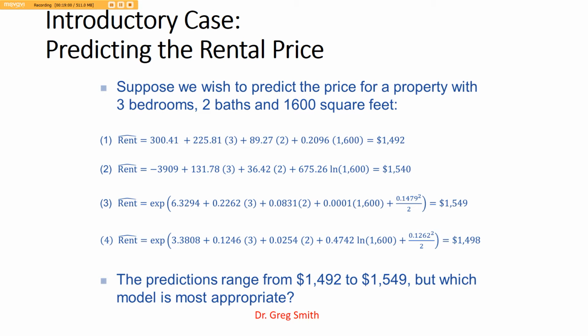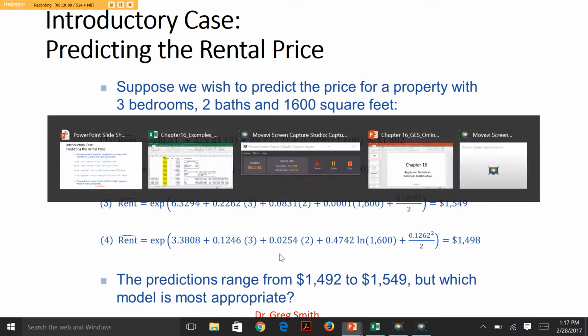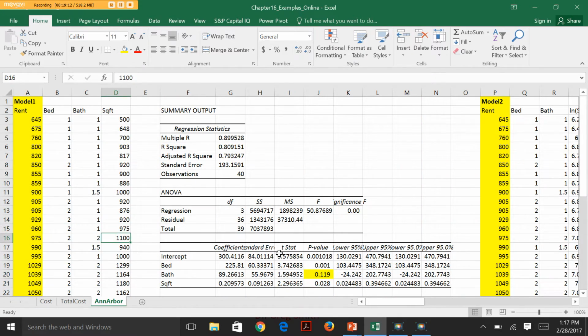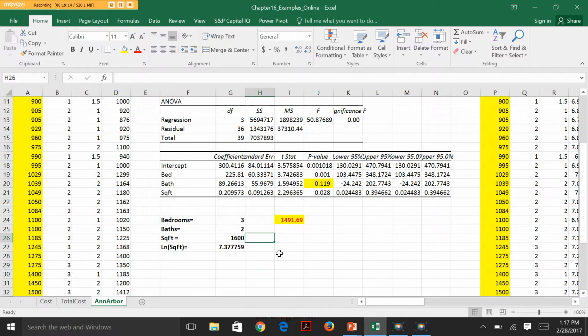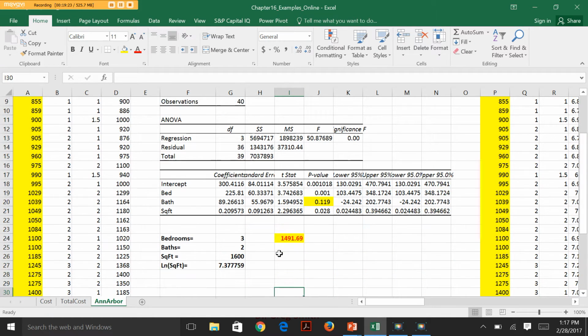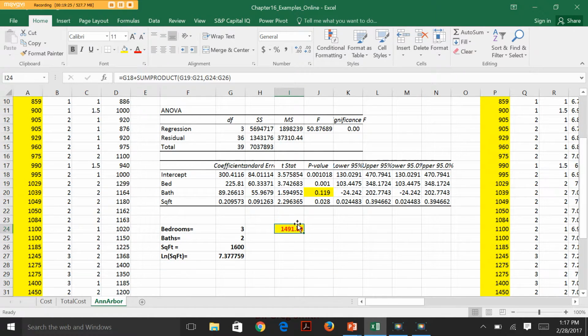And in the end, you could impute particular values, say, for example, 3 bedrooms, 2 baths, 1,600 square feet. I could do that for each, and I have this out here on Canvas for you to see. 3 beds, 2 baths, square feet. And for the first one, I added log square feet.